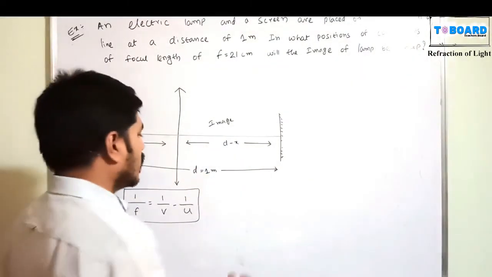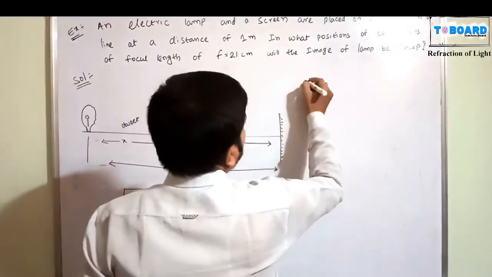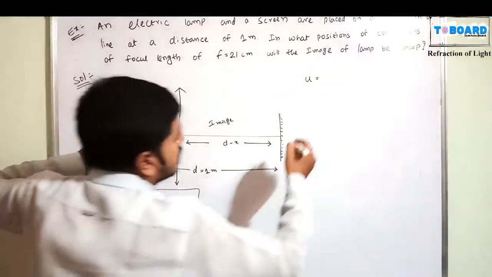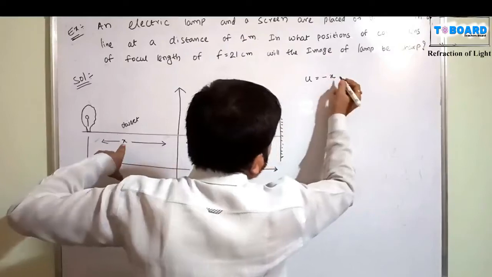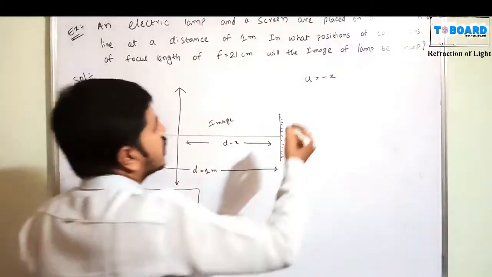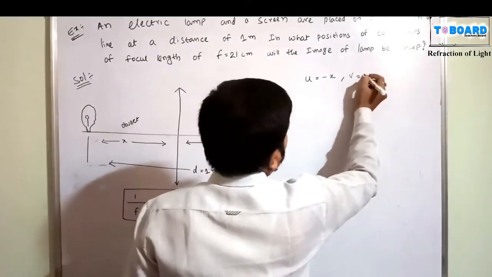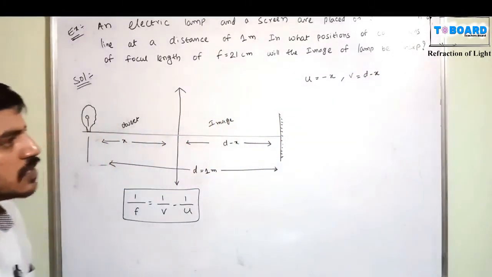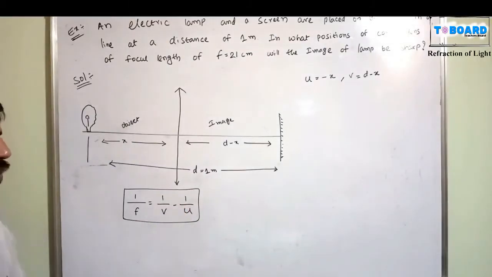So I write u equals the object distance x, and especially it is minus x, because according to the sign convention it is minus x. And v equals d minus x. No minus is present here, since v is positive. That's why I write d minus x only.